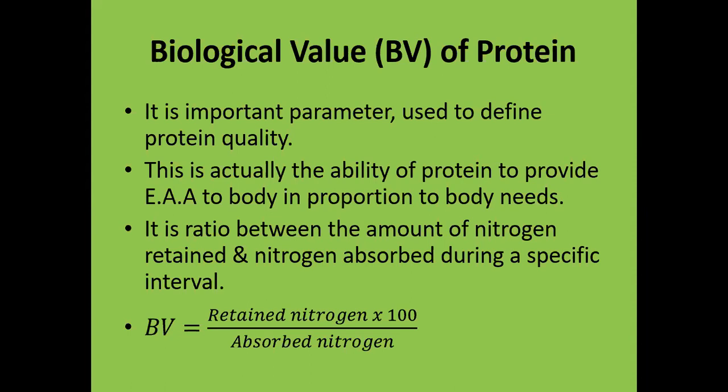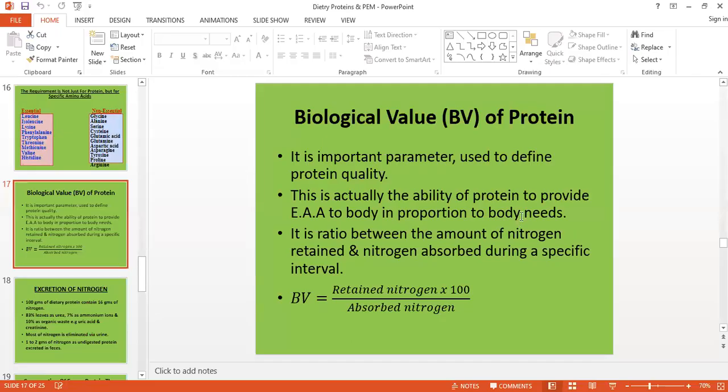So biological value of protein is the amount of nitrogen retained divided by the amount of nitrogen absorbed, multiplied by 100. This is actually the ability of a protein to provide essential amino acids to the body, in proportion to body needs.